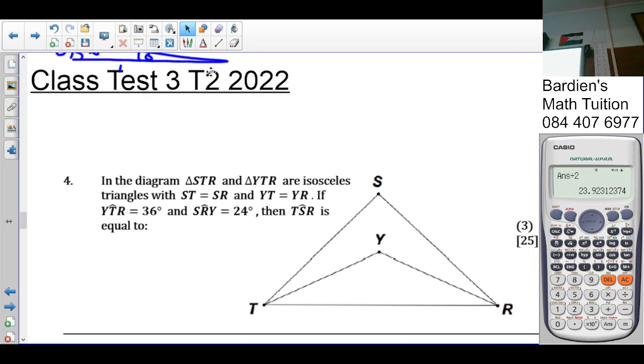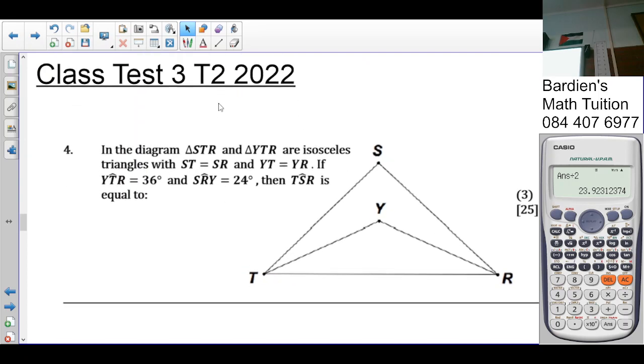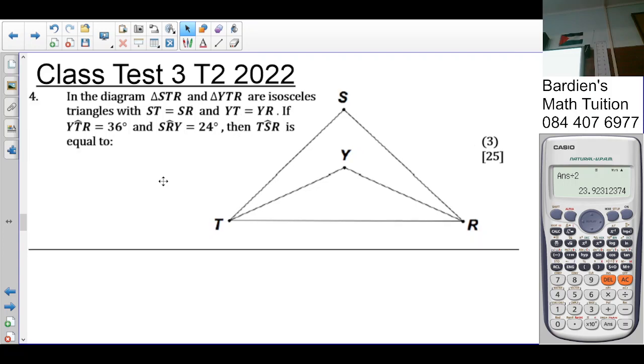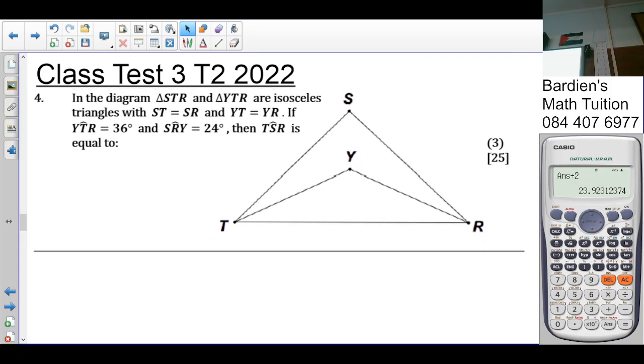Alright, the last question here. It says in the diagram, we are told that triangle STR and triangle YTR are isosceles triangles, where ST equals SR and YT equals YR.